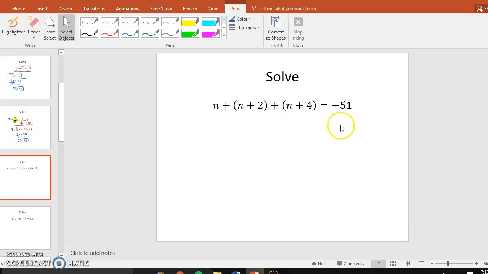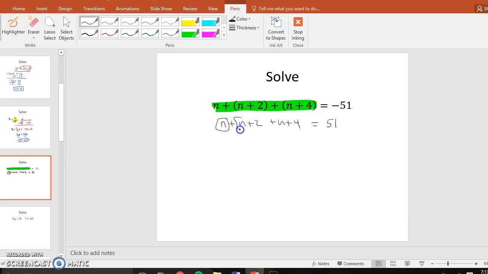Next one. When you look at this problem here, on the left side, you should notice all of these terms are on one side, which means we have to simplify the way it is. Do I have any distributing to do? No, not necessarily, because if I distribute a positive, nothing changes. So I end up with n plus 2 plus n plus n plus 4 equals 51.